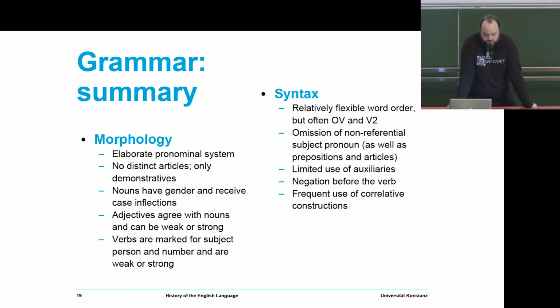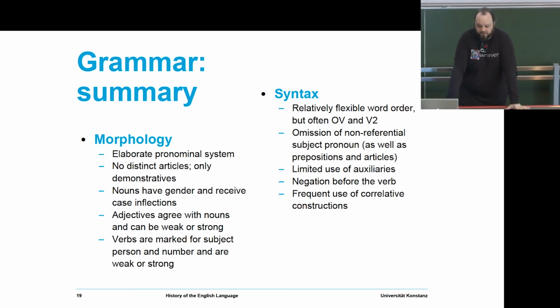And verbs also, as we've seen today, this is today's part, verbal morphology, the verbs are marked for subject person, subject number. They're also marked for mood, indicative, subjunctive, imperative, and tense, past versus non-past. And they can be weak or strong. And in Old English, there are a lot more strong verbs.